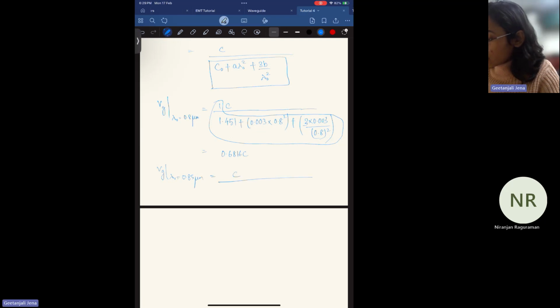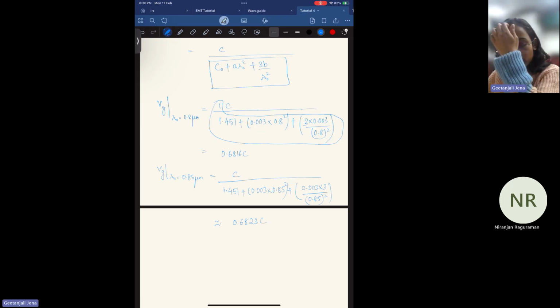So this is also the same, 1.451 plus 0.003 times 0.85 square and 3B times 0.85 square. So just calculate it, you will get this is given by 0.6823C.